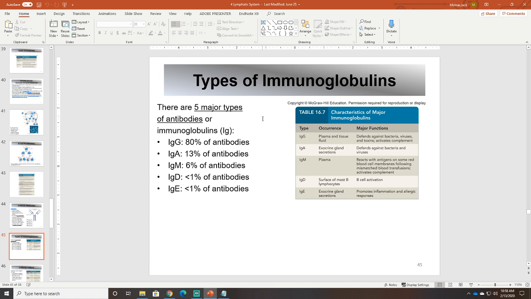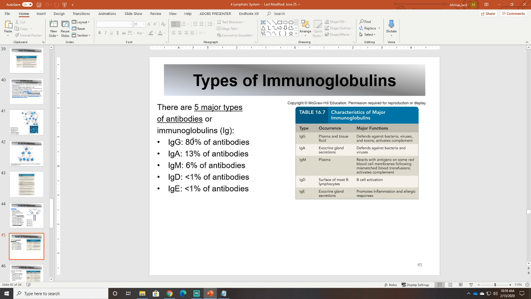So there are five major types of antibodies. You've got the IgG, IgA, IgM, IgD, IgE in that order. And if you need an acronym, the one I use in my head is GAMED, G-A-M-E-D. That helps you remember the order. Roughly, I mean, E and D you can reverse here. They're both less than 1% of all total antibodies.